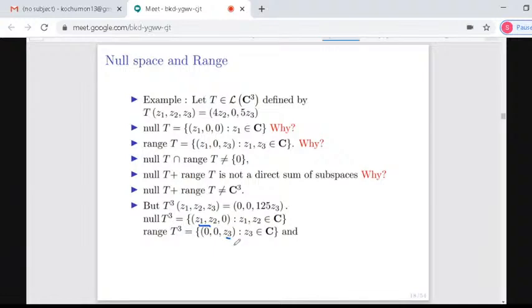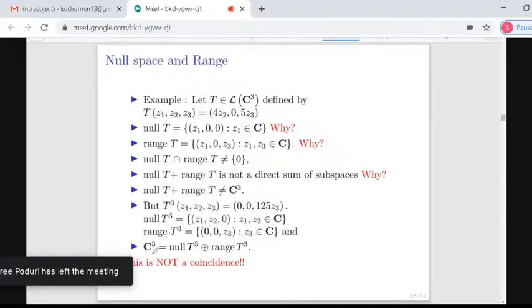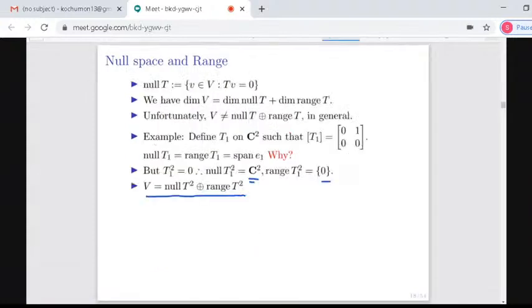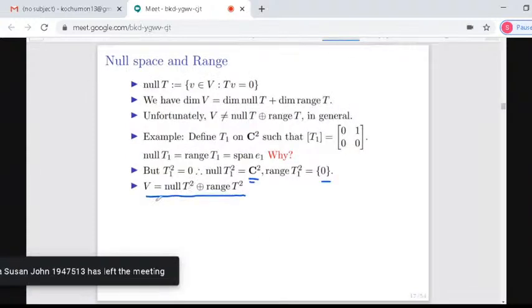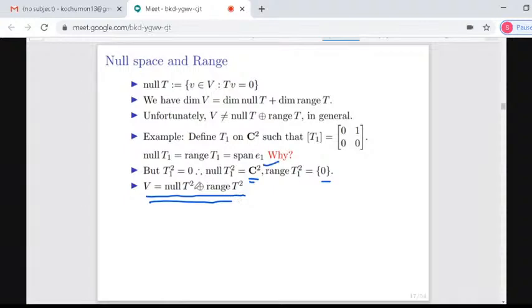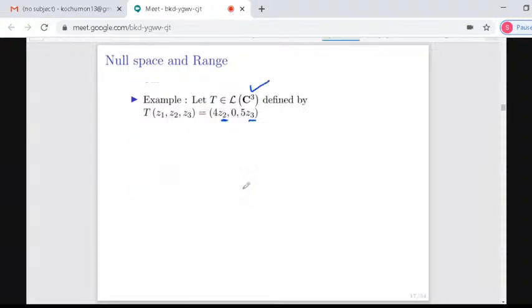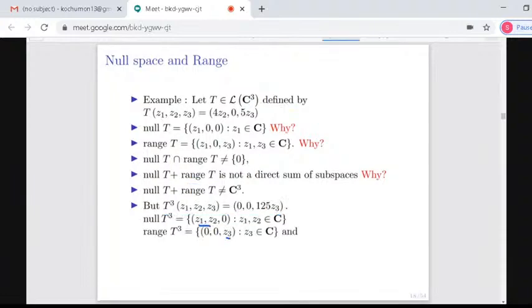Again, we get that C3 is the null space of T cube plus the range of T cube. What we previously saw is that in this example also, when the dimension was 2, V was the null space of T square direct sum the range of T square. When the dimension became 3, we saw an example where the null space of T cube plus the range of T cube is full C3.